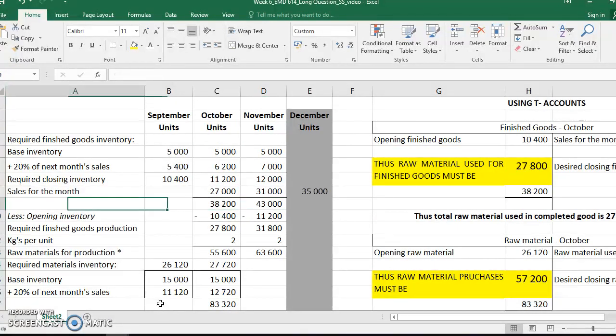Well, firstly, we have to do November. The same thing we did for October, we have to do for November. So in other words, we do the base inventory and 20% of next month's sales to get to the closing inventory of November. We add the sales for November.